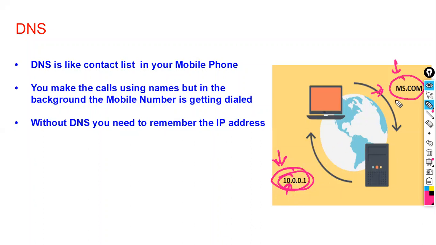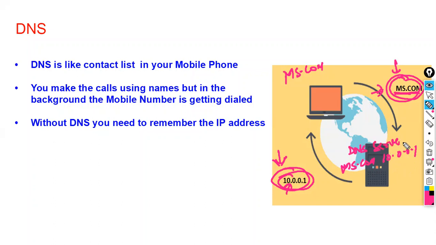So that is why we have assigned names to these websites, but computers don't understand the name, they understand the IP address. So whenever you open the ms.com website, ms.com is mapped with the IP address 10.0.0.1 on the DNS server.